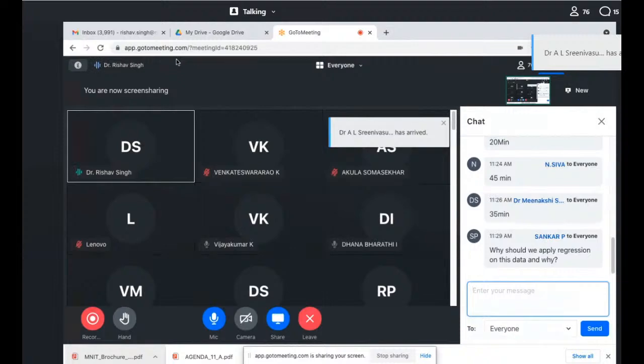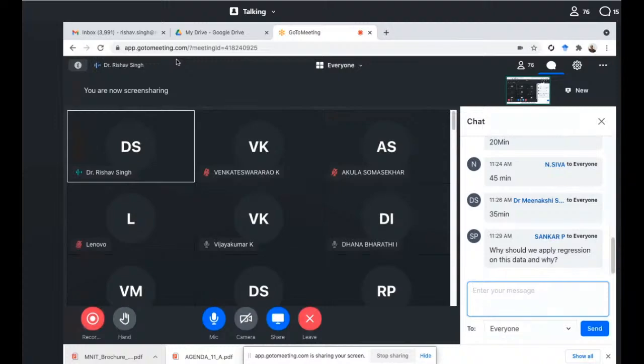But from the data perspective, you see the one which you want to predict, whether it's a continuous number or it's discrete. If it is a continuous number, that means it might take any value between minus infinity and plus infinity. So that is the output of a simple linear regression. And if it's discrete, that means it's a part of classification. Shankar, I hope I am clear.